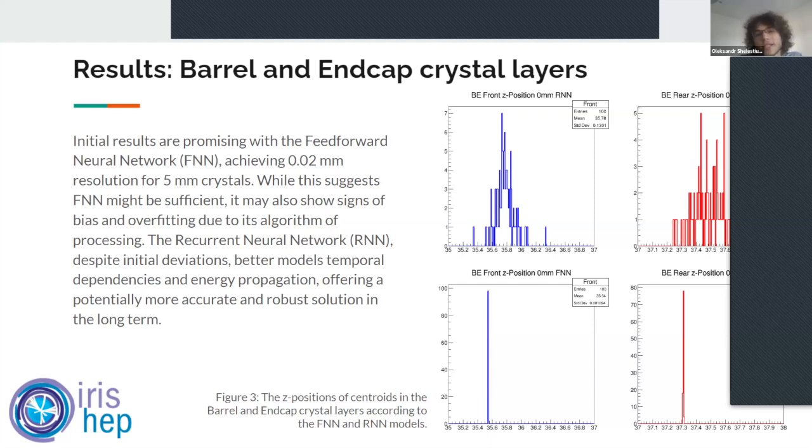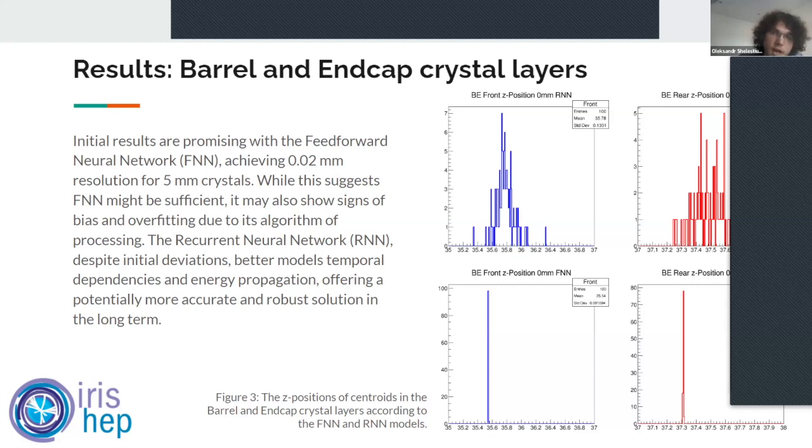It just cannot capture more features and how data actually changes with time. Therefore, the precision for the FNN model achieved around 0.02 millimeters for 5 millimeter crystals.